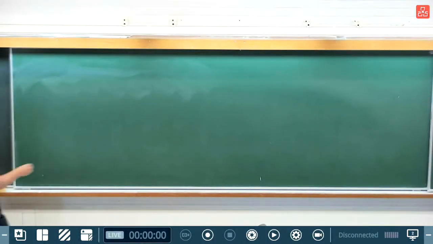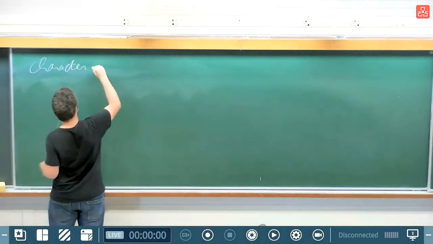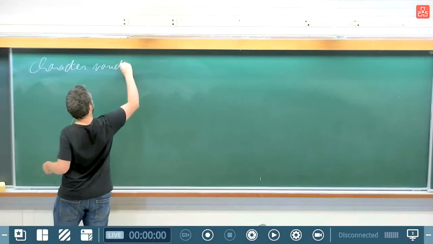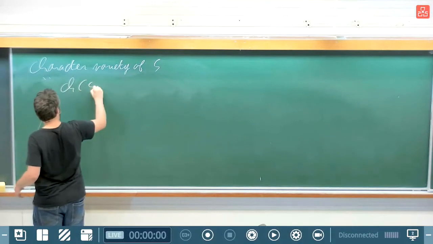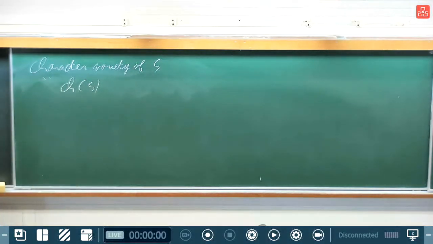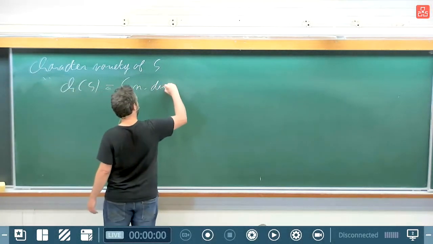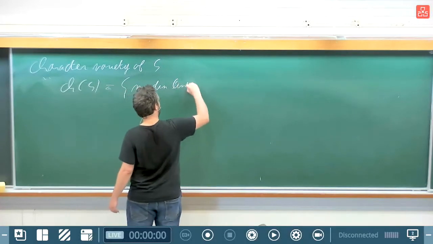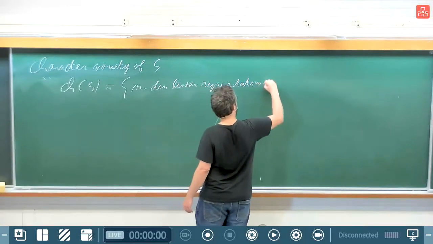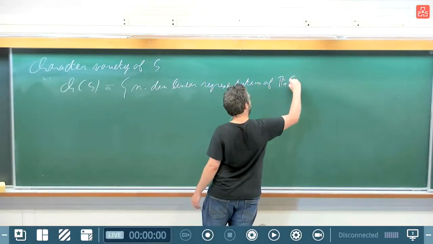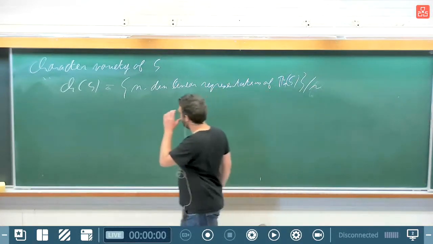And now to this data, I attach this thing called the character variety, or I should say the G character variety, but I won't do that, of S, which basically, let me put quotes for now because I will be more precise later, is the space of n-dimensional linear representations of the fundamental group of S up to equivalence of representation.